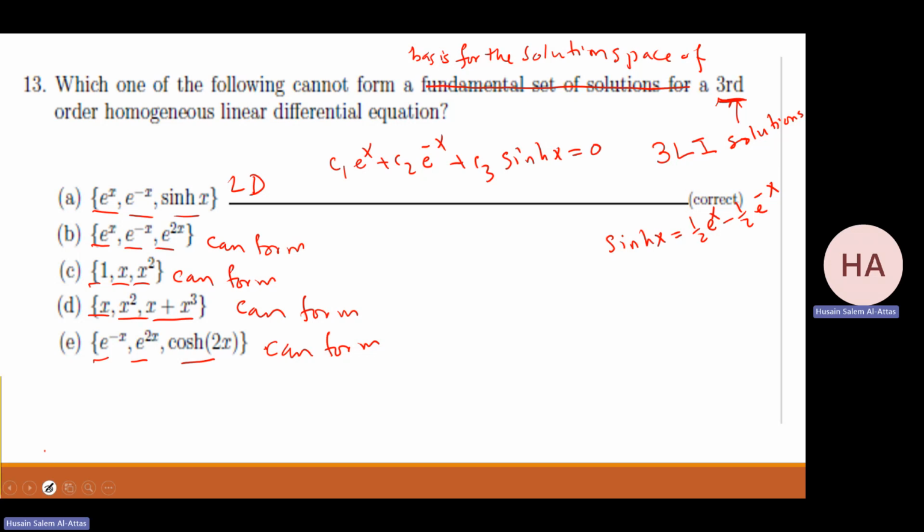And I can choose the C's this way. Let me choose this to be 2, so I have e^x minus half e^x. I'll choose this one to be minus 1, so e^x will be killed with this one. Minus e^{-x}, I'll choose this to be 1. So this is linearly dependent.